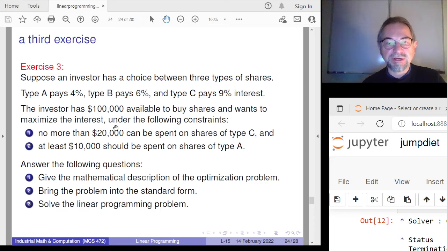It could be that some shares are more risky, so you're not allowed to put everything in type C. Only 20% of your total portfolio can be spent on C, and you should at least spend $10,000 on type A. So formulate the problem, bring it into a form that you can solve with Julia.